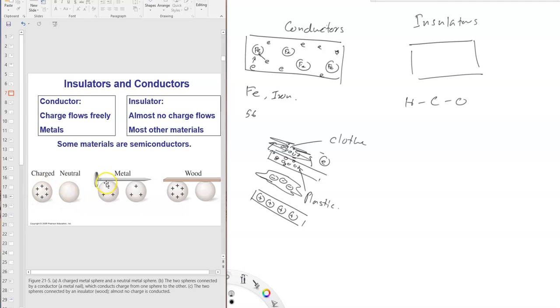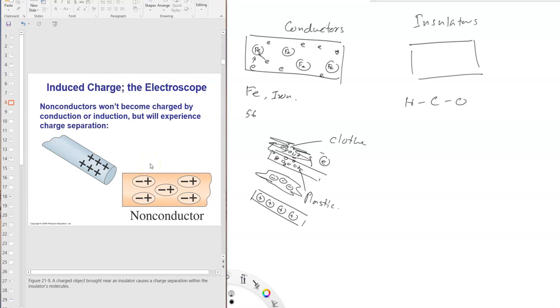You put a conductor between them. Here we are charging the second one by conduction, right? So you conduct charges from one to the other, so you charge the second one. So that's another way of charging things. There's a third method, so let's see.